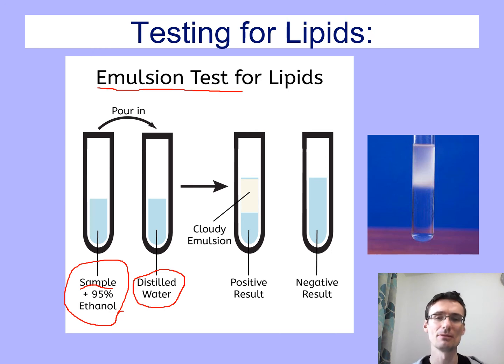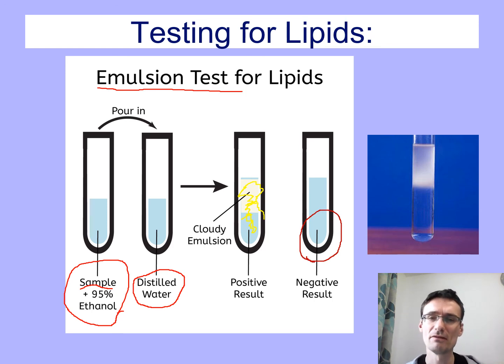It will sort of solidify within the solution, and what you'll get is a lipid layer forming, a white cloudy emulsion forming where the lipid is. If you've got a negative result, if there are no lipids in your sample, then you get no white precipitate forming. And here's a picture of it.